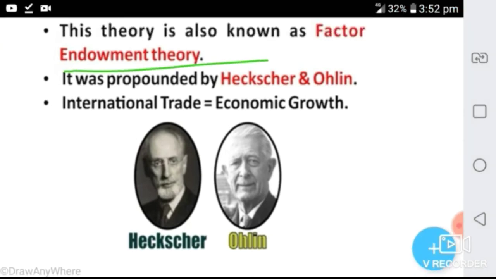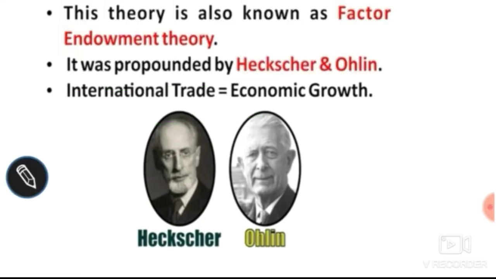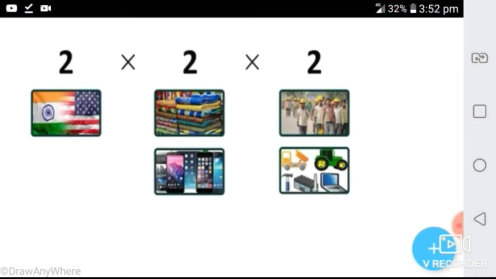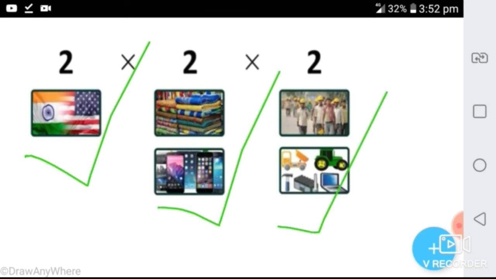The most important feature of this theory was the 2 into 2 into 2 model. That means two countries produce two goods and use two factors of production, that is labor and capital, to produce the goods. So the 2 into 2 into 2 model means two countries, two goods and two factors. Two factors include labor and capital.